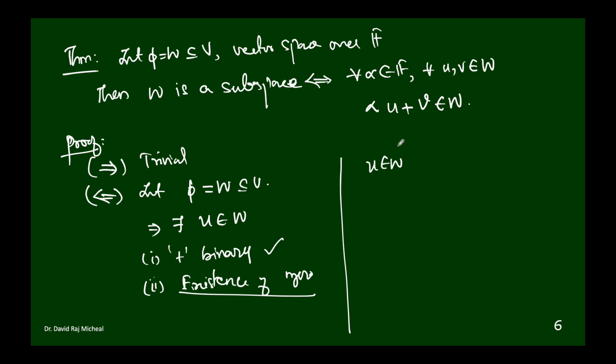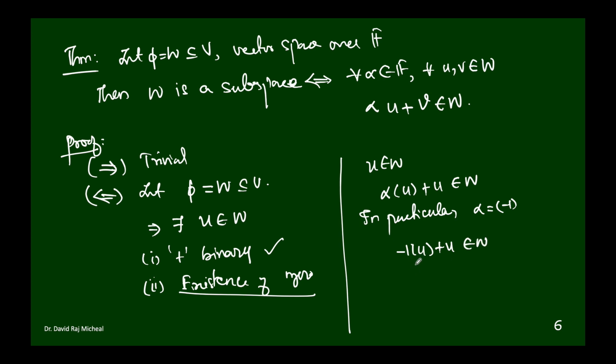Now since alpha times u plus v will always be in W for any u and v in W, let's say v is also u. Therefore alpha times u plus u must also belong to W. In particular, if alpha equals minus 1, then minus 1 times u plus u must also belong to W, which means minus 1 times u is nothing but minus u.